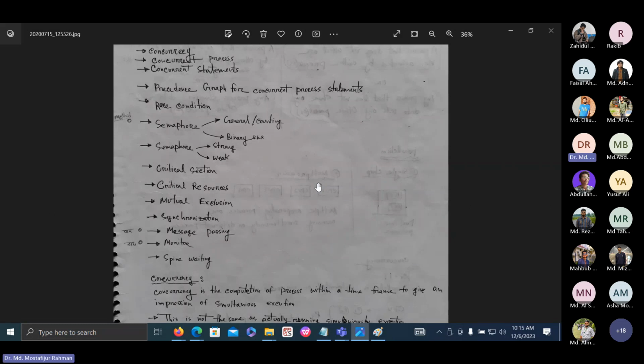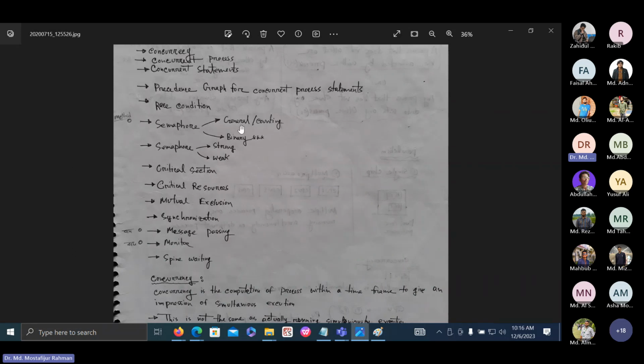In an operating system, the race condition is the opposite. If any process, or any statement in a process, executes first, it is the loser. If any process executes next, that means last, it is the winner. Just remember it this way.